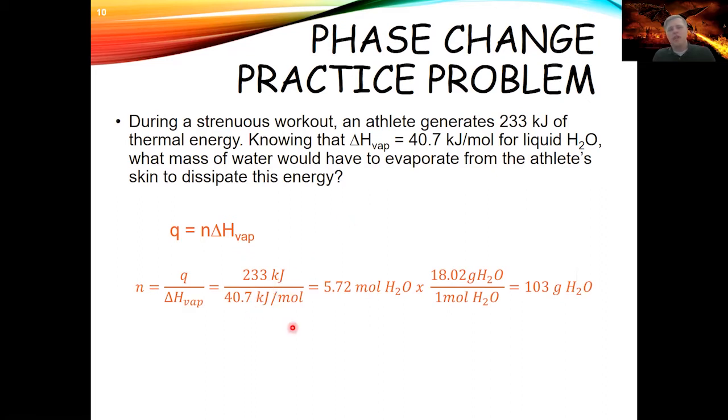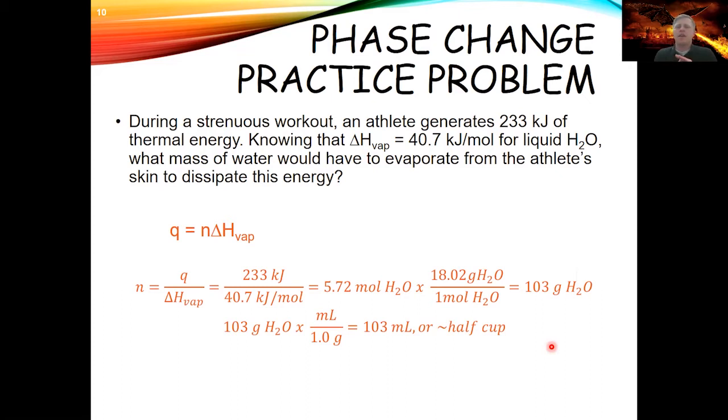So be really careful to look at what units of everything you're working with. Units are a great place to screw up and cost yourself points. But if we do Q divided by delta H, we'll find that we need 5.72 moles of water, which is equal to 103 grams of water, which is also about half a cup of water. So this person's sweating quite a bit, and that's evaporating to cool them off.